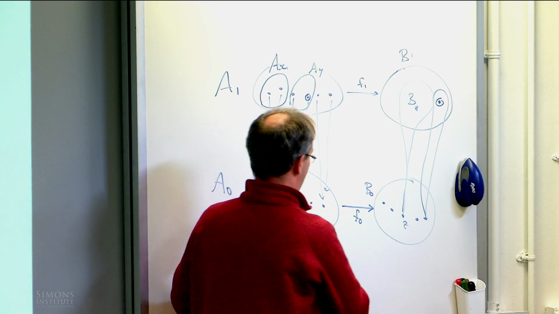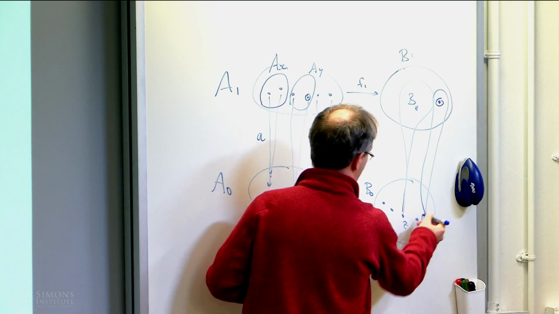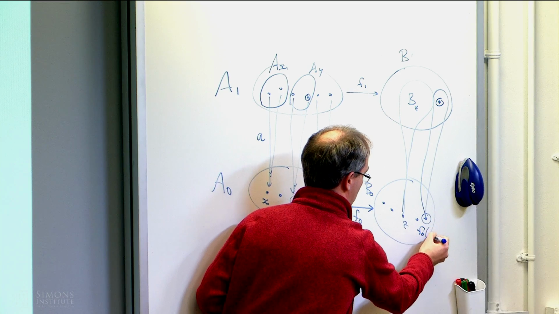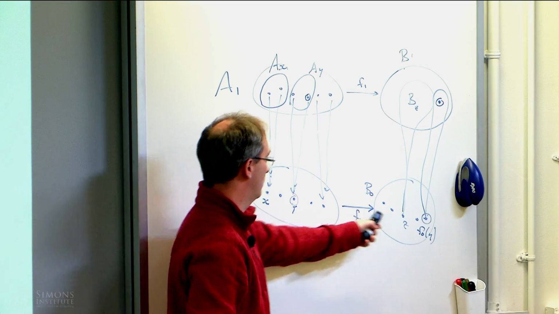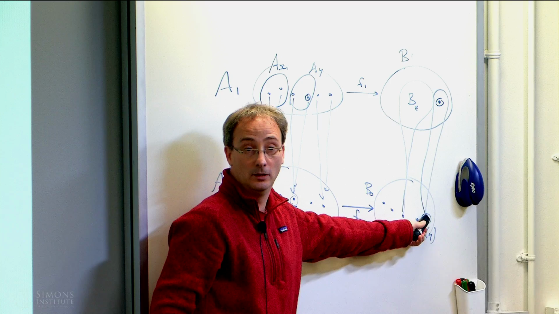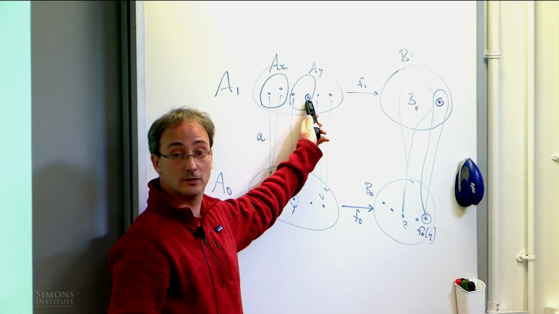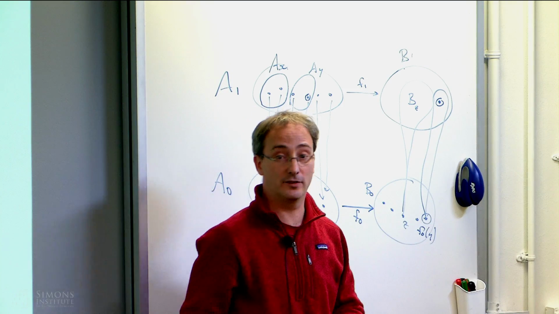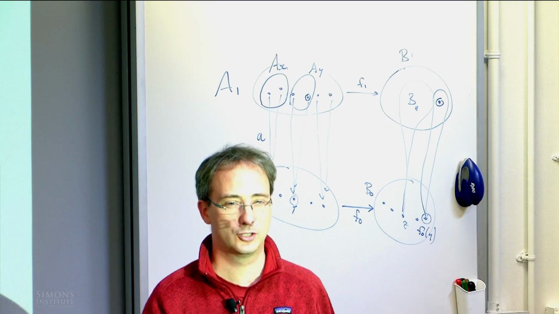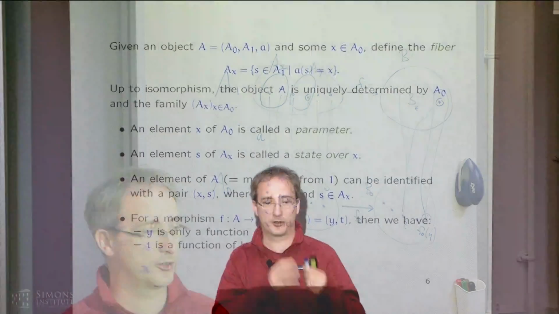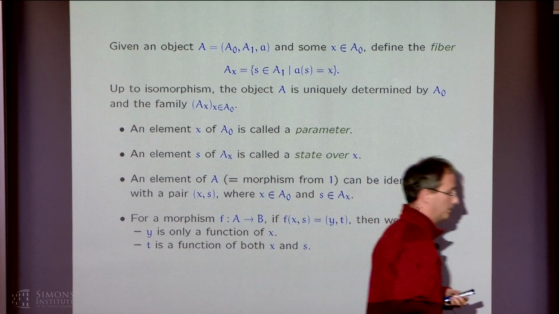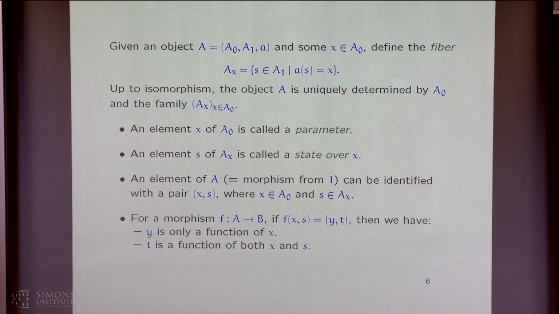But the point that y maps to is only a function of y. Like if this is f0 of y, f0 of y will be the same thing even if you look at different states. If you vary the state but keep in the same fiber, that does not change f0 of y. And this formalizes this intuition that the parameter is a function of parameters, but state is a function of state and parameters. Okay, so that's basically the whole idea.